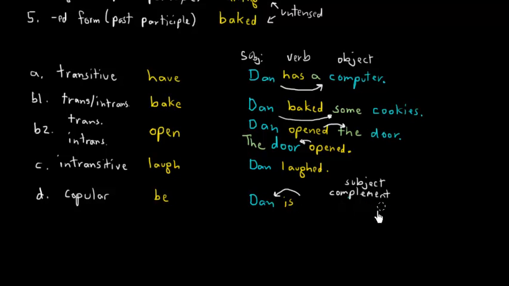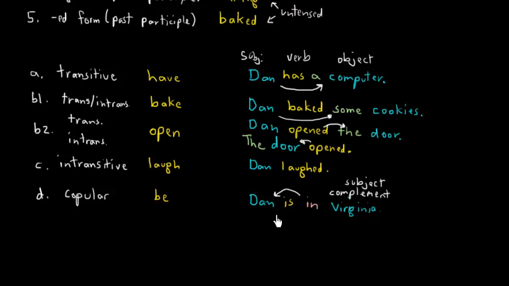We will use, and it's still a subject complement, a prepositional phrase. So Dan is in, there's the preposition. And he's in what? He's in or where? He's in Virginia. So again, this is giving us more information about Dan.